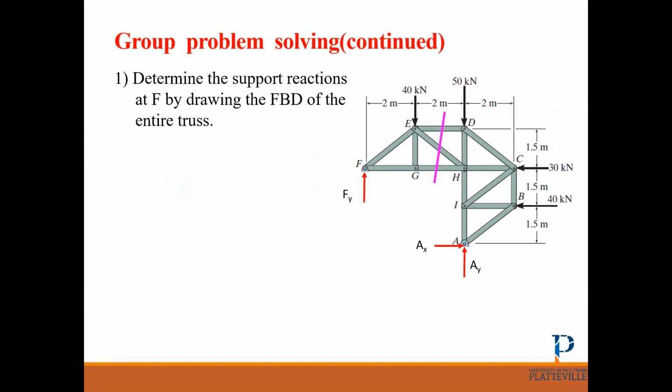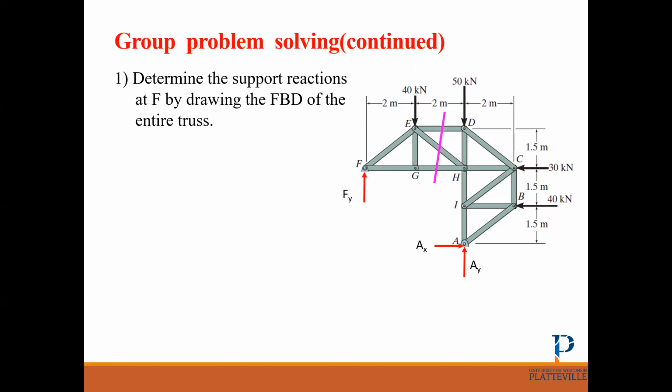So here, I just want to find Fy. Can I cut it and then find Fy? It looks easy if I do this, okay? If I use this part and just write the equilibrium equation, it looks like this one is equal to this one.